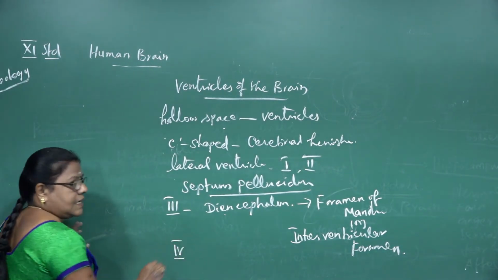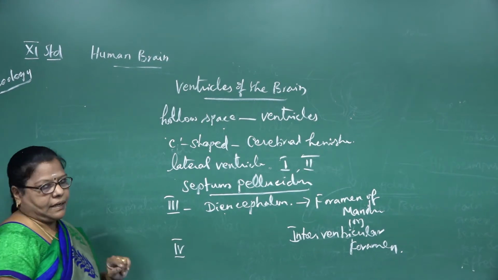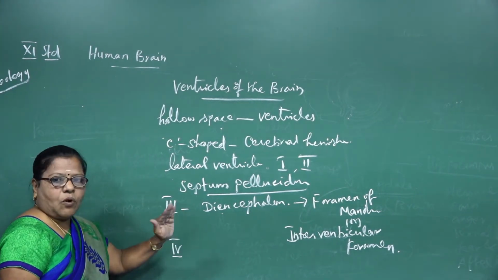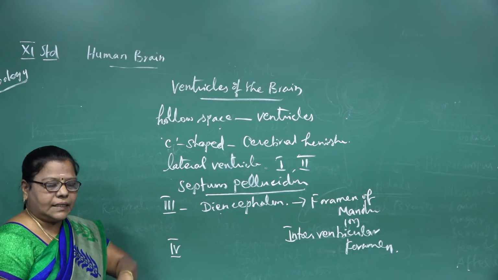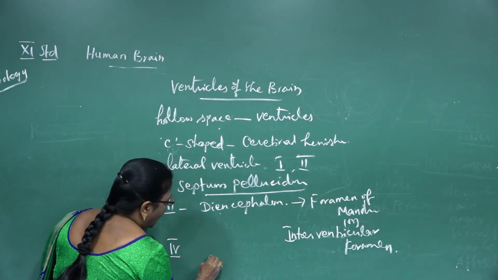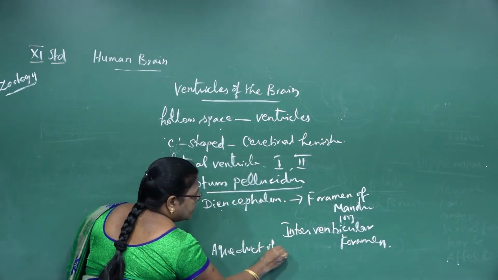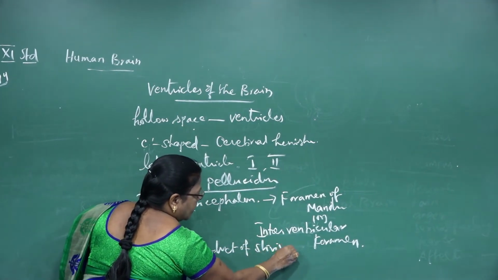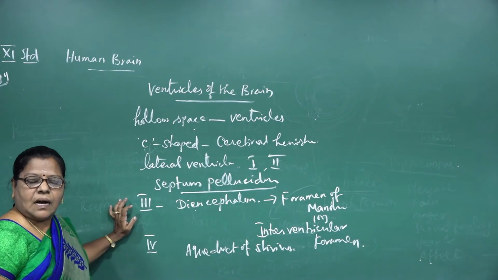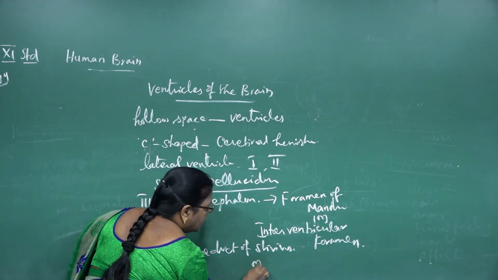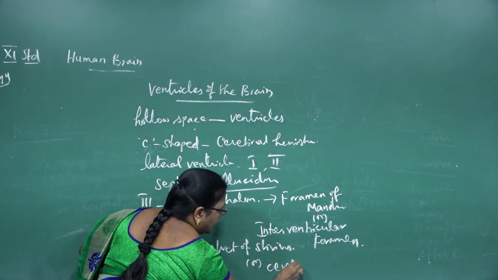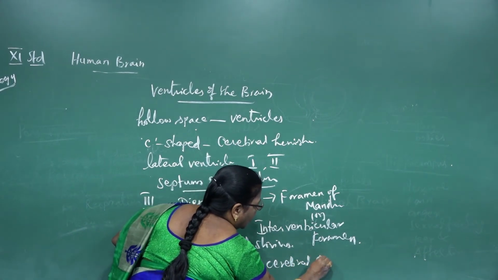The fourth ventricle is located in the hindbrain. The third ventricle opens into the fourth ventricle through a duct that is called the aqueduct of Sylvius, or otherwise called the cerebral aqueduct.